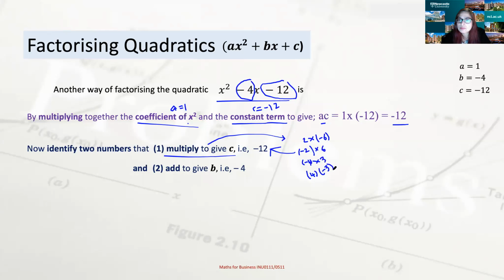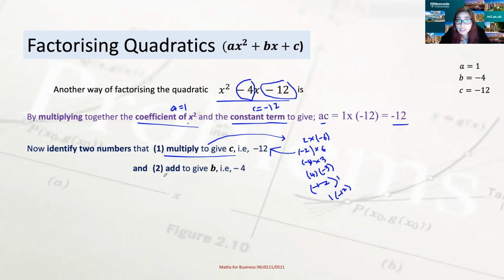What else can I do? Minus 12 times 1, or 1 times minus 12. And that's all, I think, isn't it?